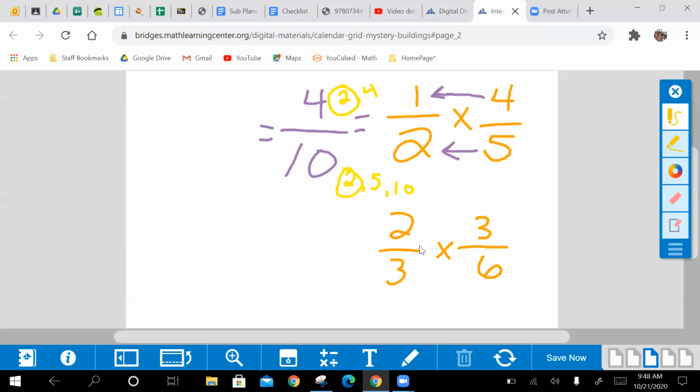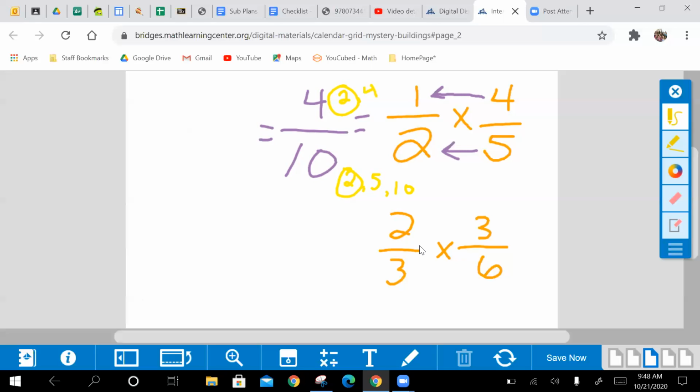Obviously it's 2. Sometimes when you are reducing fractions, it can be a little tricky when you get some really high numbers. So the first thing I always do is look to see if they are both even numbers. If they're both even numbers, obviously they'll both divide by 2 and you can start there. Or if they're really high numbers and they end in a 5 or a 0, then you know that you can divide both numbers by 5.